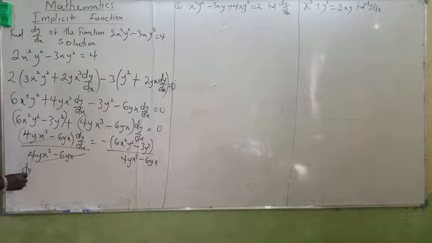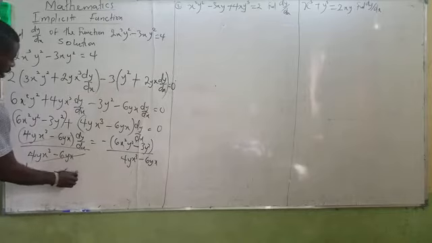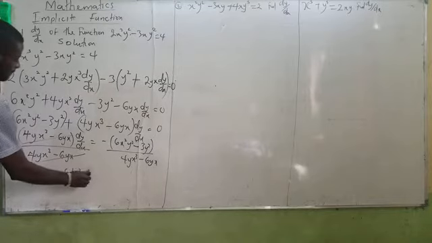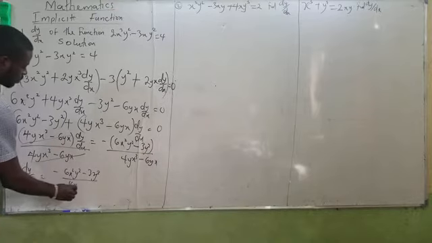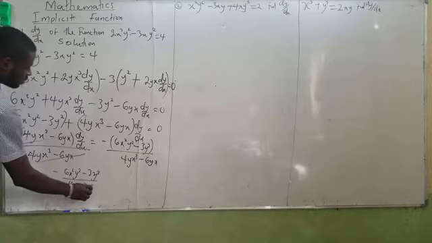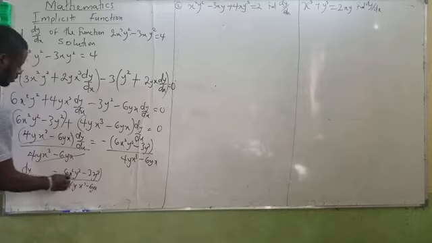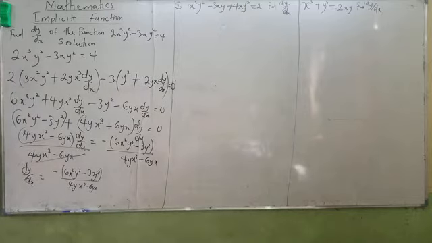Now it means dy dx equals to minus 6x squared y squared divided by 4y x cubed. Now that is my answer. That is my answer. Please take note of this.